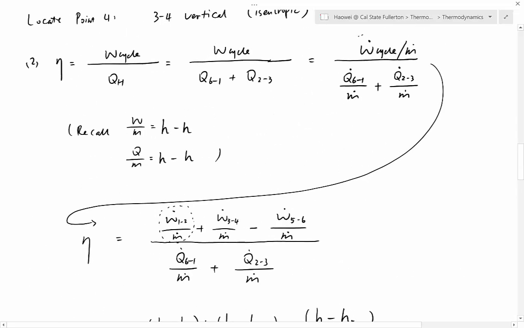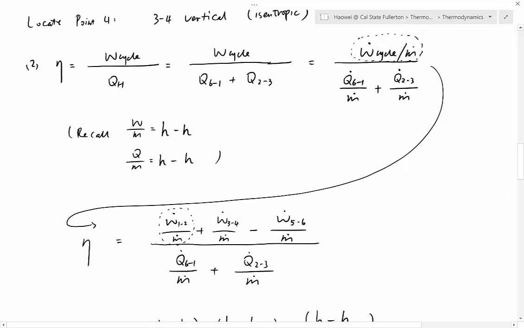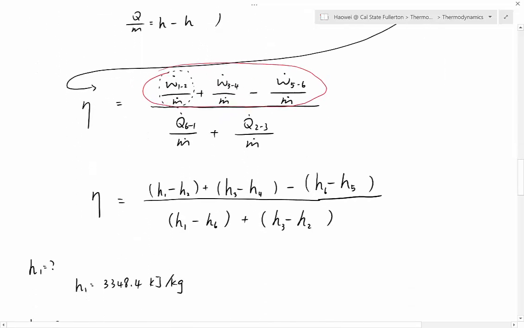Our numerator here is W dot cycle per unit mass flow rate. And then we rewrote the numerator into this whole thing, and then we continued, we rewrote the whole thing into this. So this is just the W dot cycle over m dot.